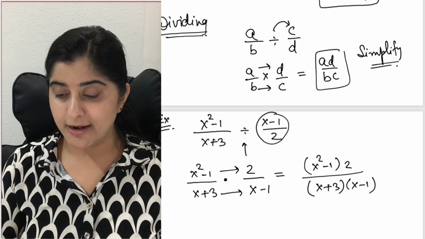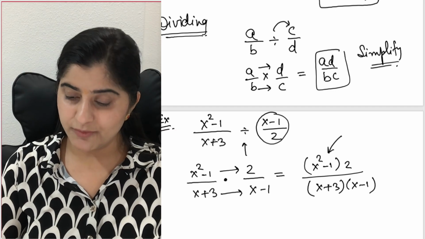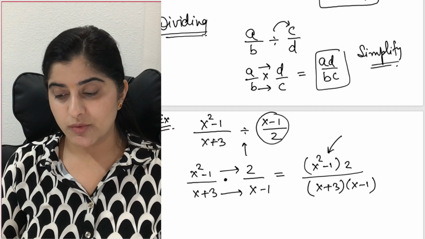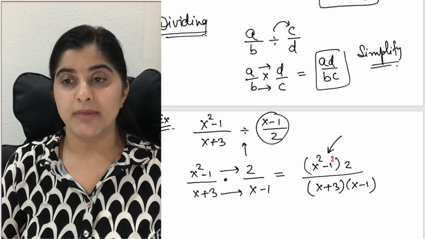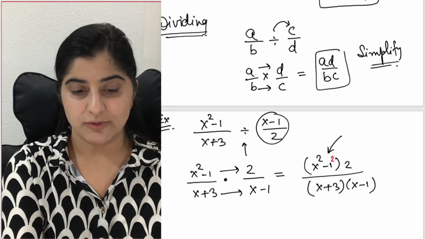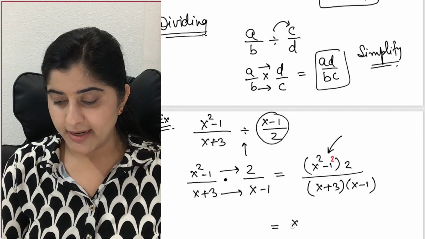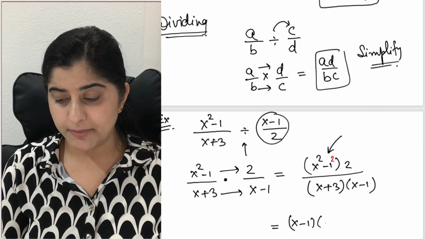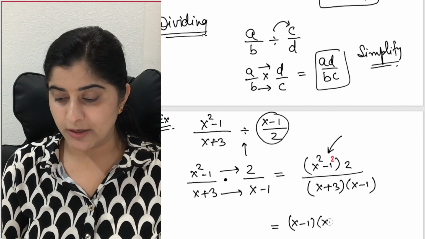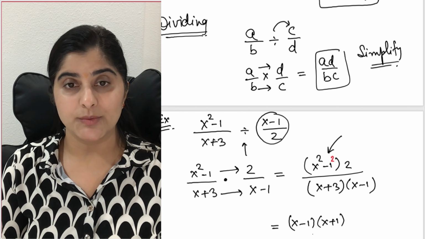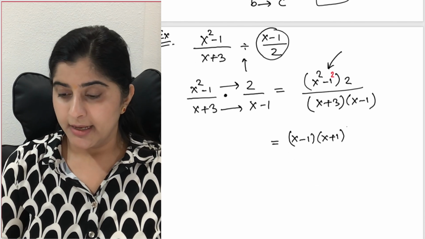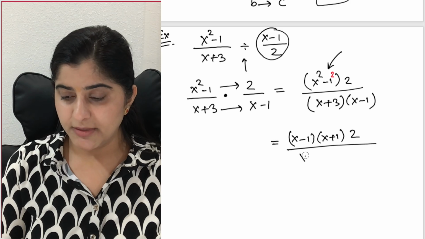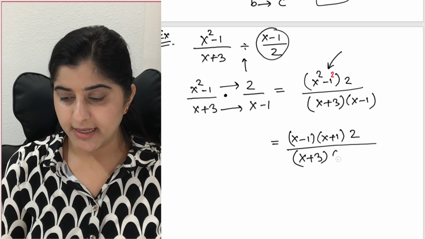Right now we cannot, but let's try to factor this x squared minus 1, because x squared minus 1 can be seen as x squared minus 1 squared, and it is a difference of two squares. We can write this as the product of two same factors with the opposite sign in the middle: (x minus 1) times (x plus 1) times 2, and in the denominator we have (x plus 3) and (x minus 1).